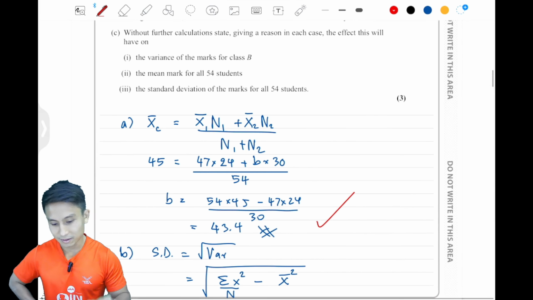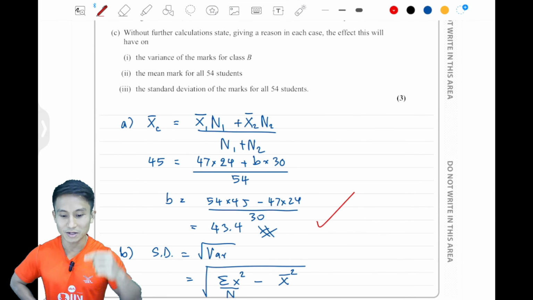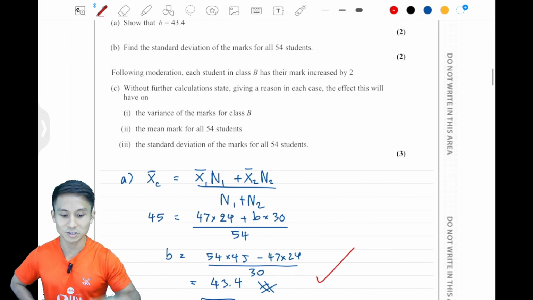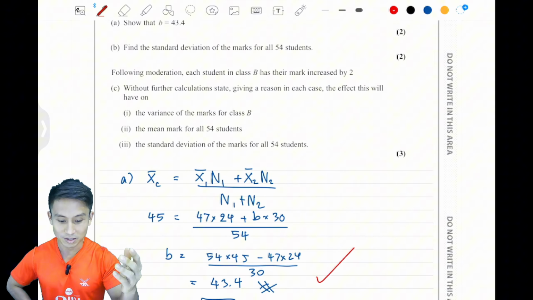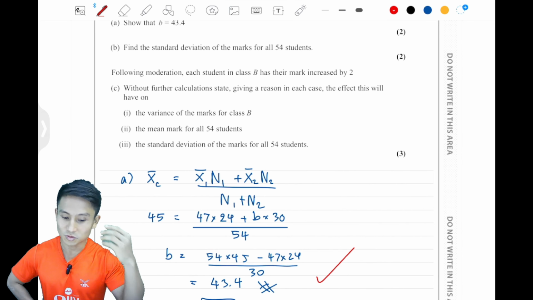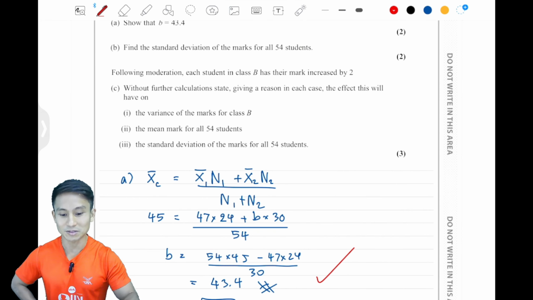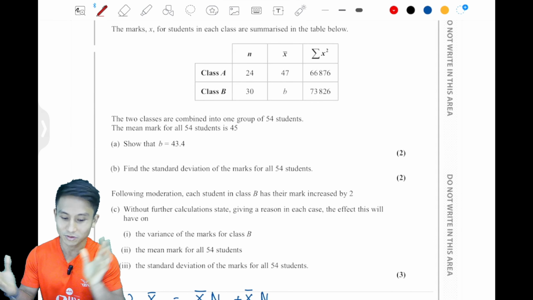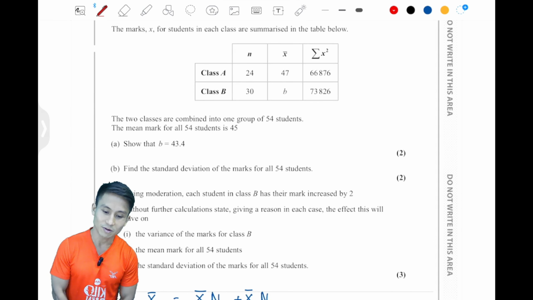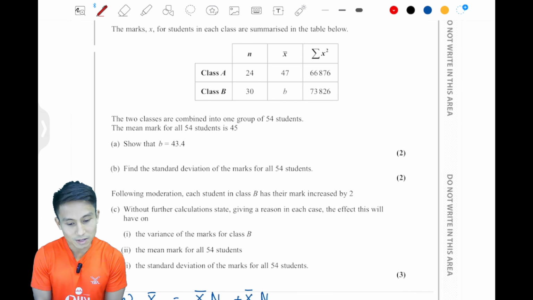So the first part is unchanged. For the second part, because you increase the students in class B by 2 individually, you increase the mean by 2. So the mean of class B gets closer to the mean of class A, or closer to the combined mean.